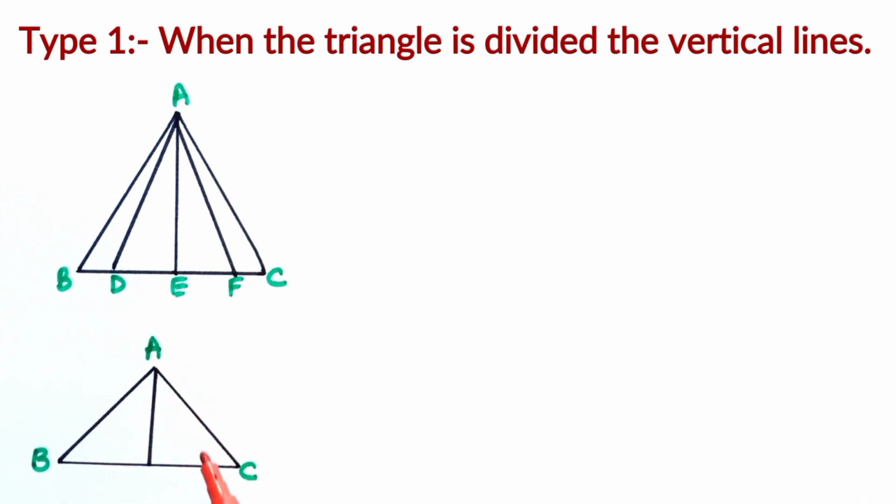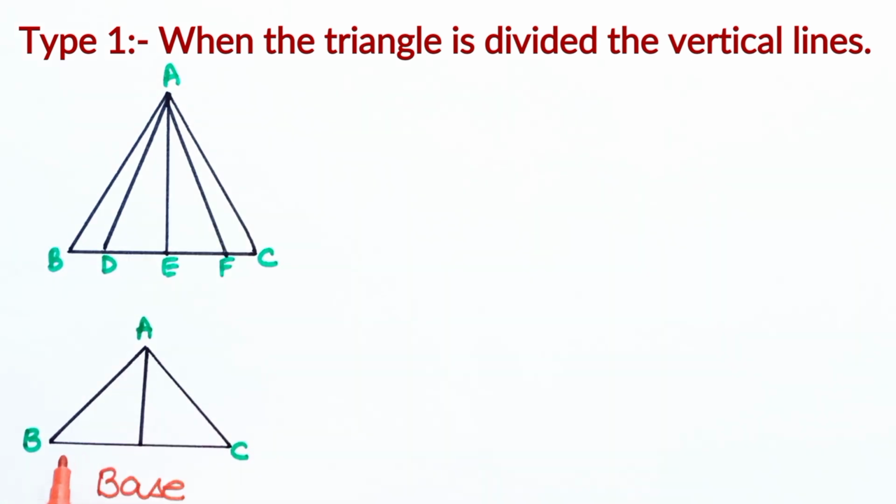In this simple triangle, what is the base of the triangle? It is BC. In the first step, we just need to count the number of parts in which the base of the triangle is divided. Here the base of the triangle is BC. So this BC is divided into how many parts? 1, 2. So it is divided into 2 parts.